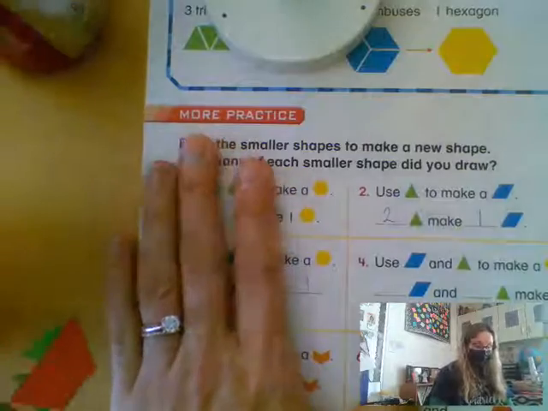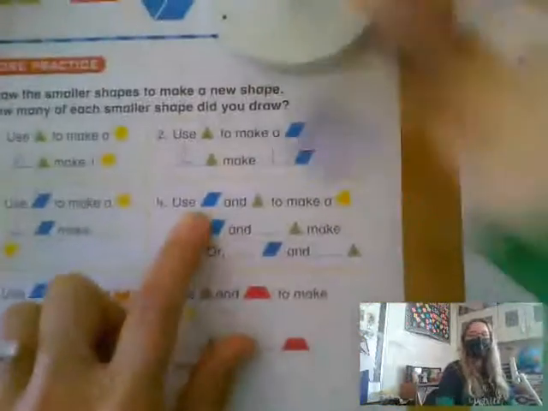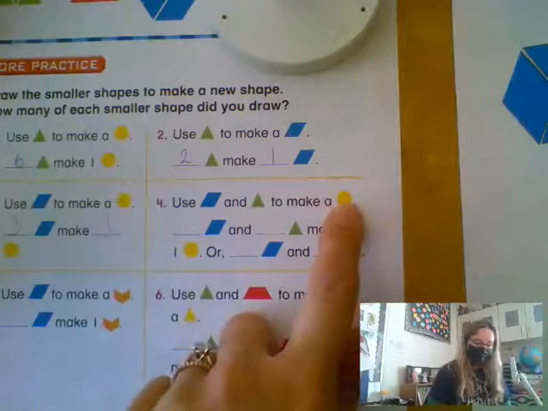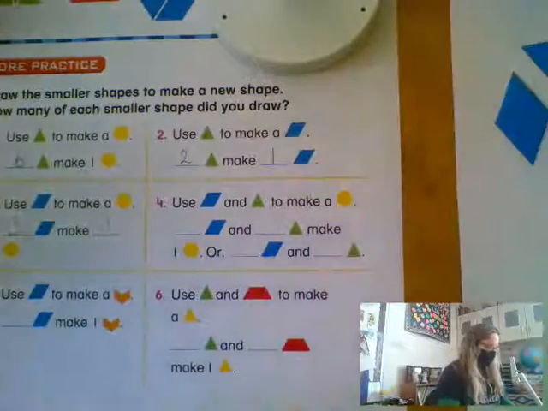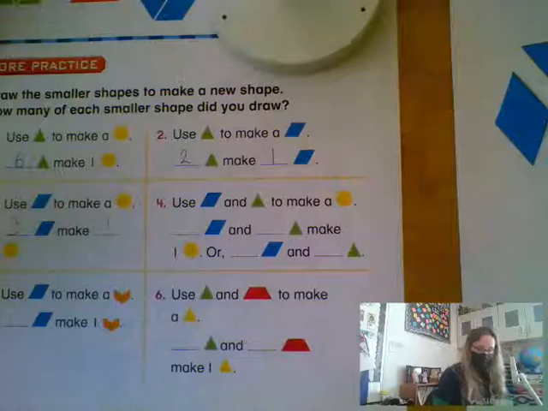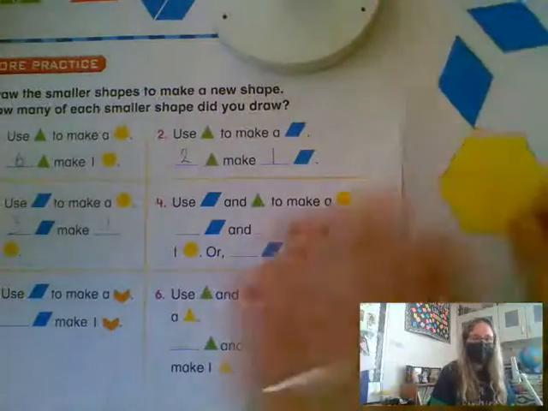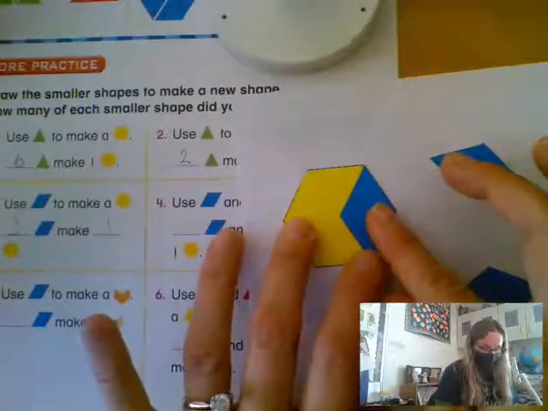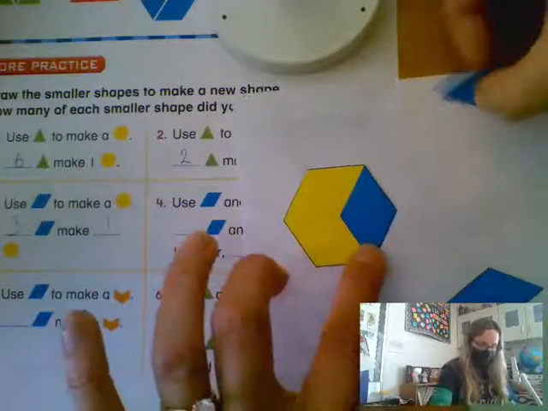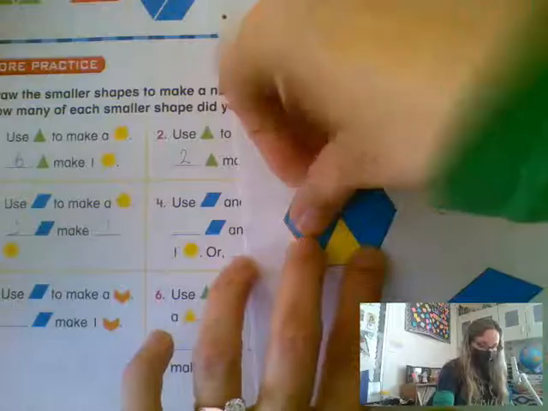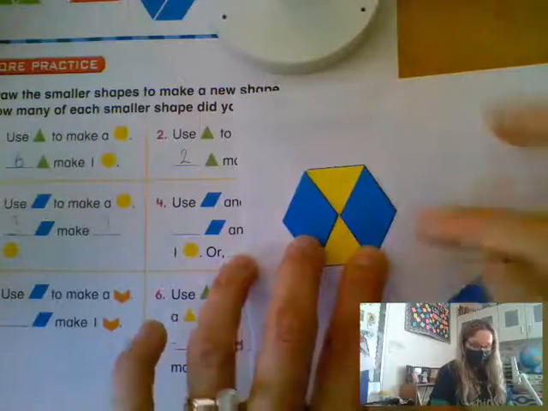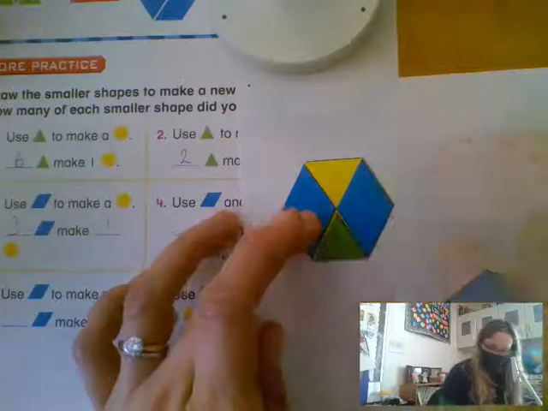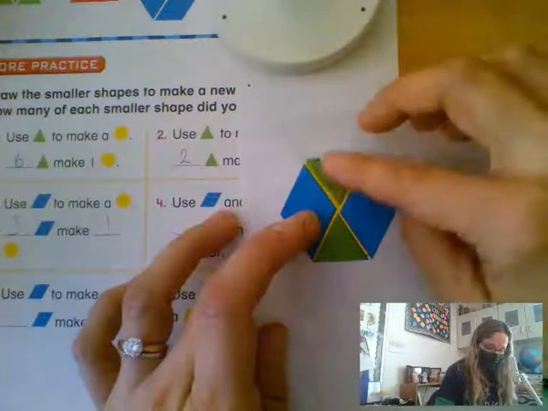For number 4, it said use rhombuses and triangles to make a hexagon. So this one was a little tricky, but I kept playing with it. Sometimes it's helpful if you put the shape down that you're trying to make. And then I started piecing together, and I discovered that if you put 2 rhombuses side by side like that, then you can put 2 triangles in like this.